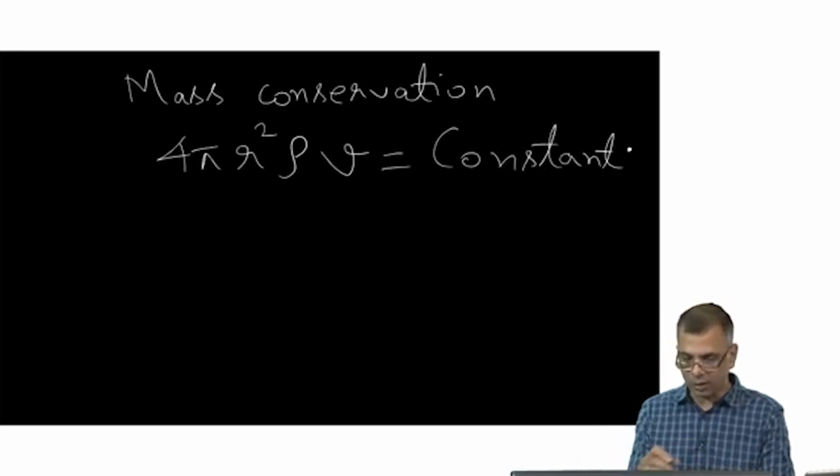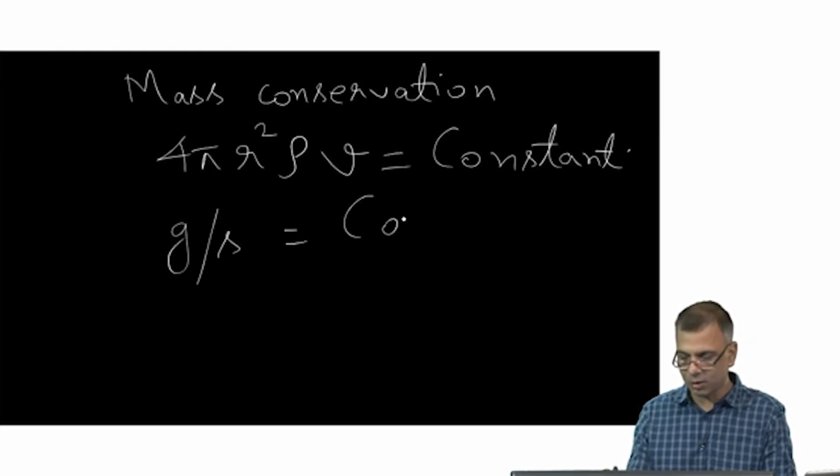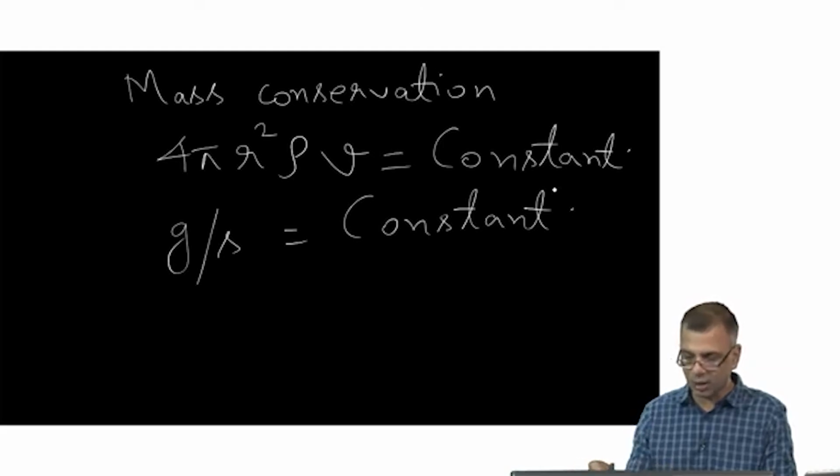And as we remarked the last time, this is the area, this is the mass per centimeter cubed, and this is centimeter per second. So, what this is essentially saying is that grams per second is equal to constant. Equivalently, I really do not need this 4 pi, it can be absorbed in the constant.